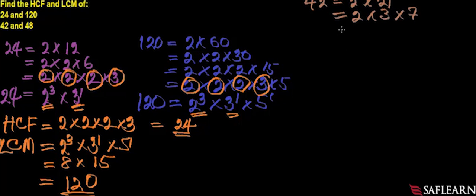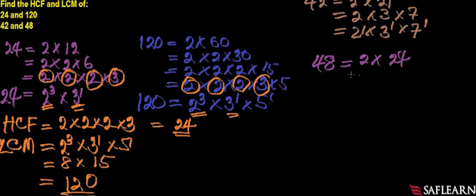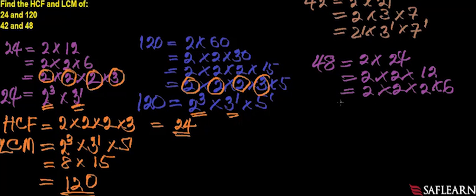So this is simply 2 raised to power 1, 3 raised to power 1, 7 raised to power 1. 48 is 2 times 24, and 24 is 2 times 12, and 12 is 2 times 6, and finally this is 2 times 2 times 2 times 2 times 3.